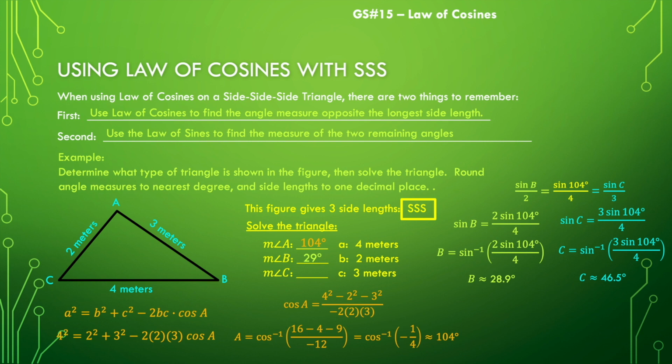We should get about 46.5 degrees, which we will round to 47 degrees. Now, it's always a nice idea to use the triangle sum theorem here to verify our angle measures, and we should end up with a sum of angle measures that equals 180 degrees, and we do.